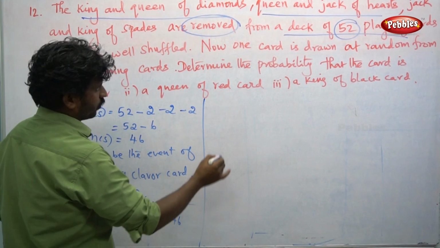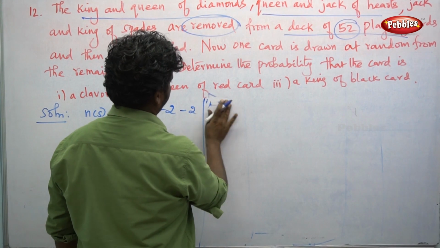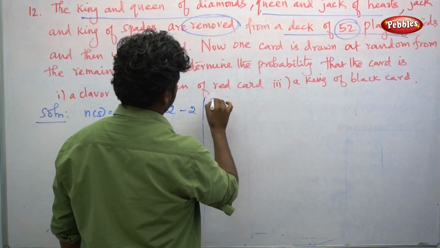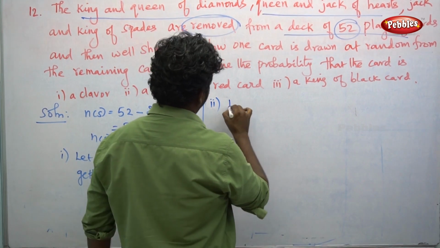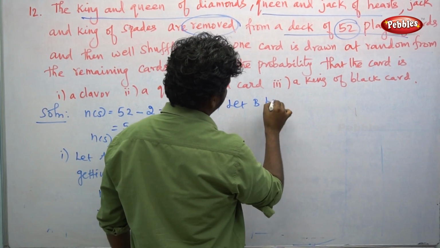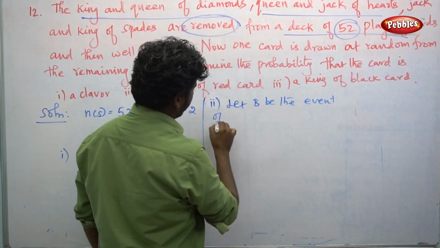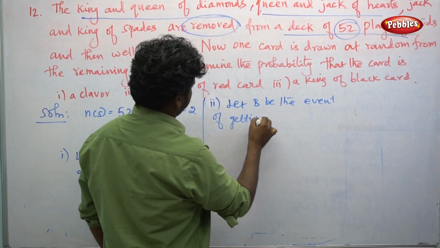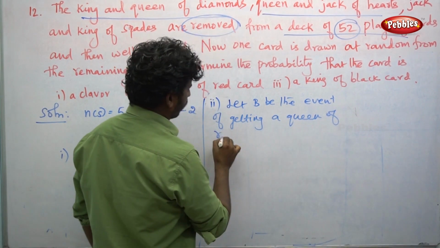Right. Now the second point. Queen of red card. Let B be the event of getting a queen of red card.